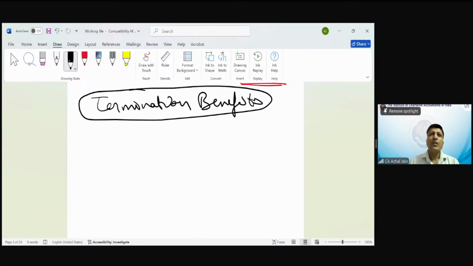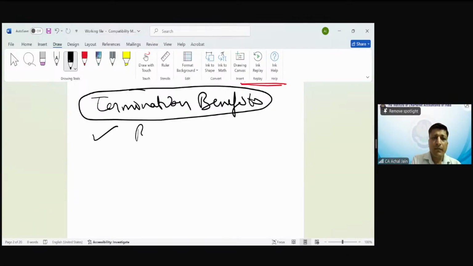What is the meaning of approval? Board approval has to be there. It should not happen that the company is only thinking about it. This has to be clearly demonstrated. So generally, a board approval will be there. Board approval means approval of the board of directors of a company. So that's one.